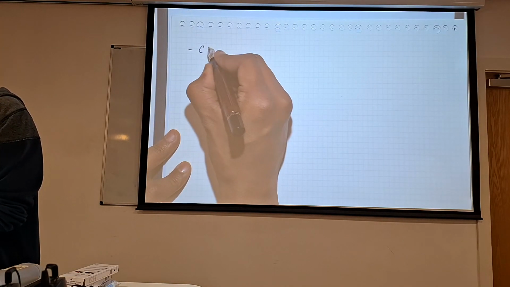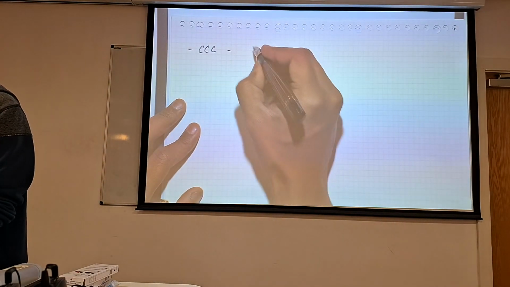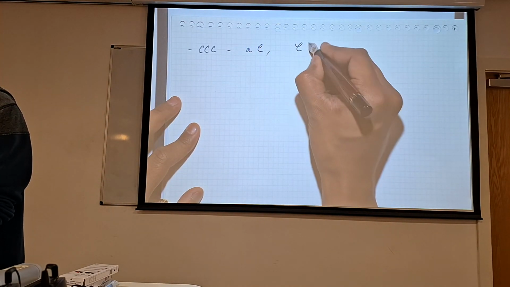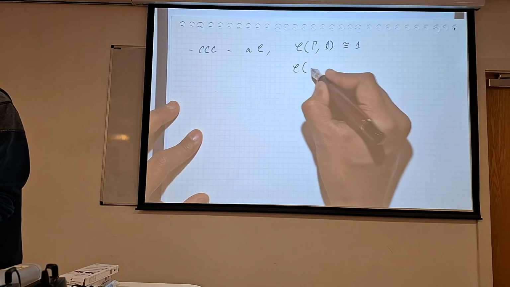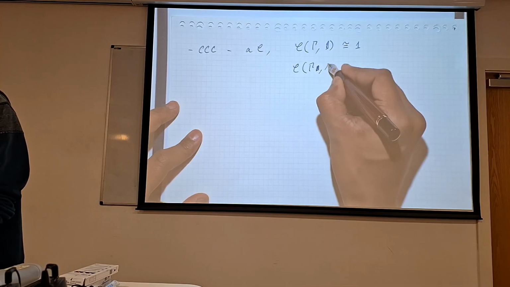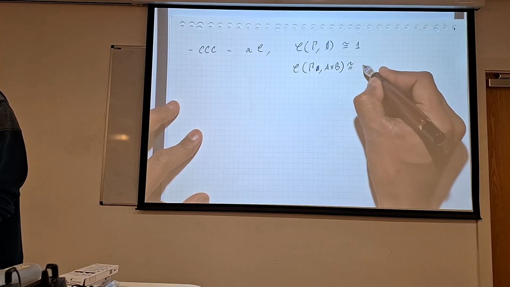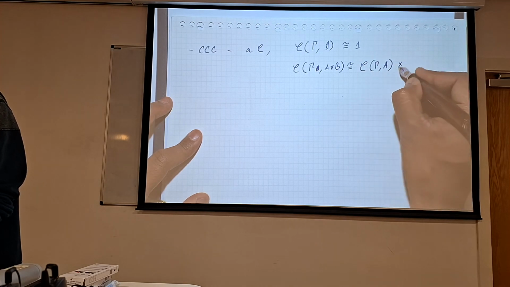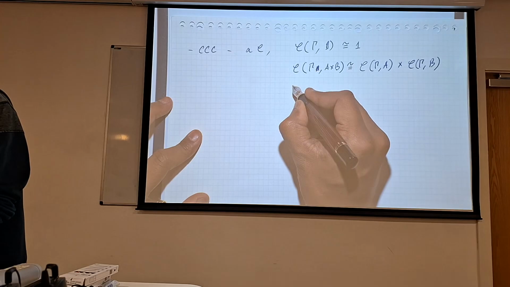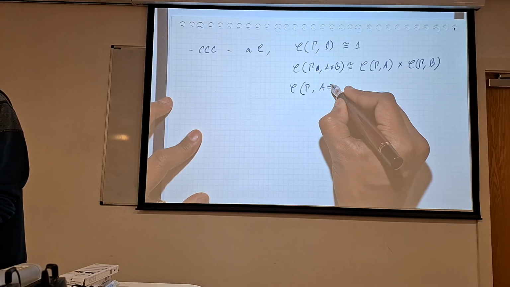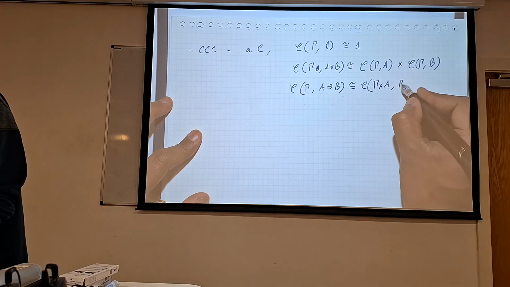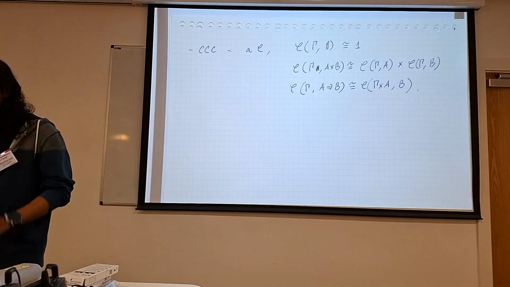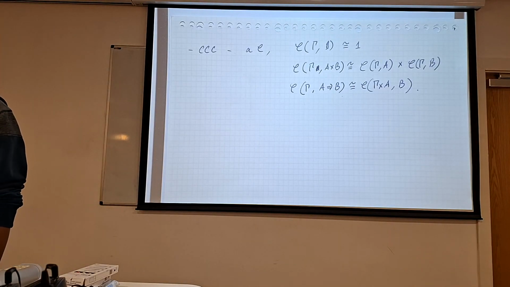So we saw the definition of a CCC was a category C where you have a unit type and a function type, and these gave us all the beta-eta laws.